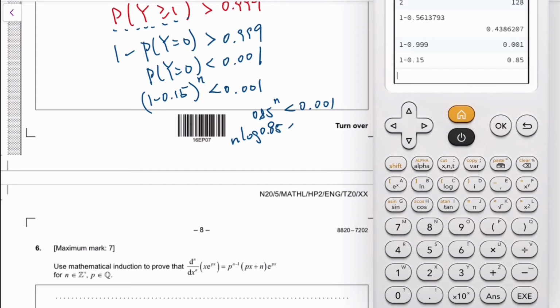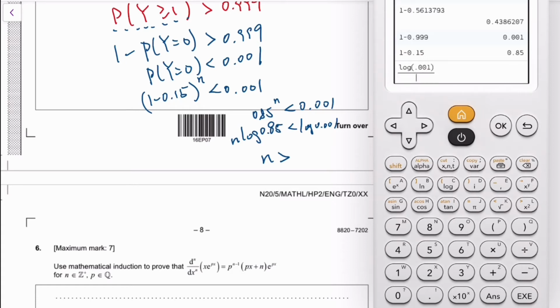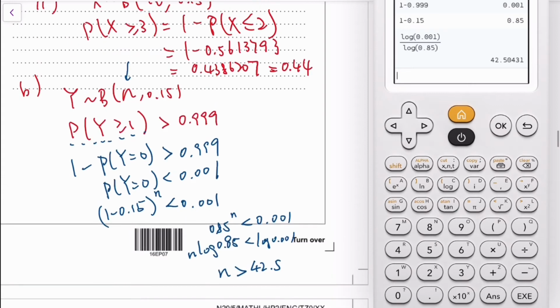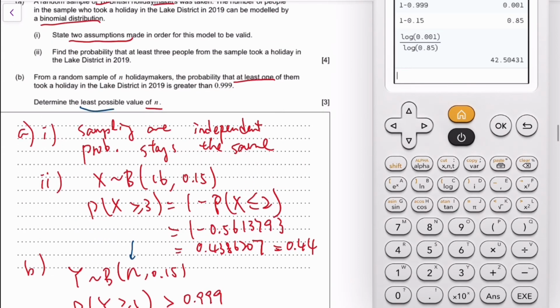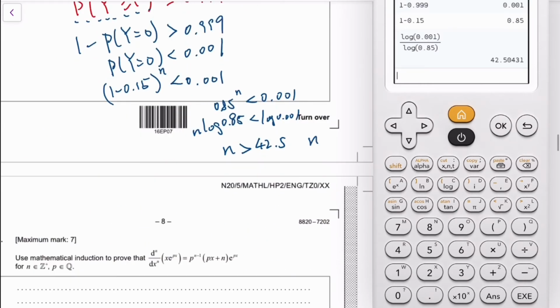You can do n solve, but the answer is also just a log away: log 0.001 divided by log 0.85, so it's 42.5. Therefore, the smallest value of n, the question is what's the smallest value of n? It's 43.